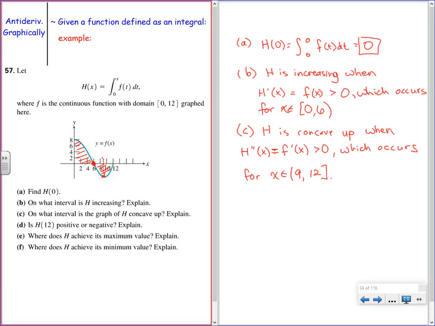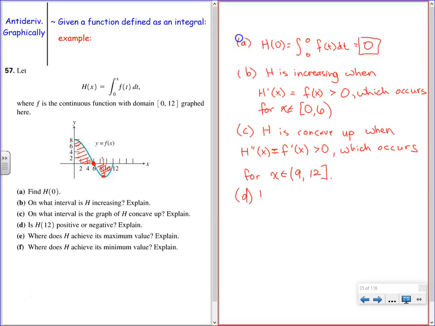So if it's positively displaced from 0, then since h of 0 equals 0, we could say something about the area: the positive area is greater than the negative area.